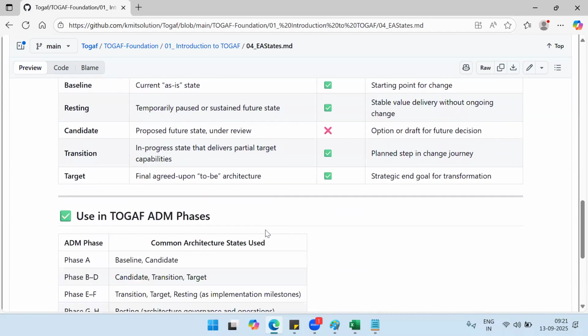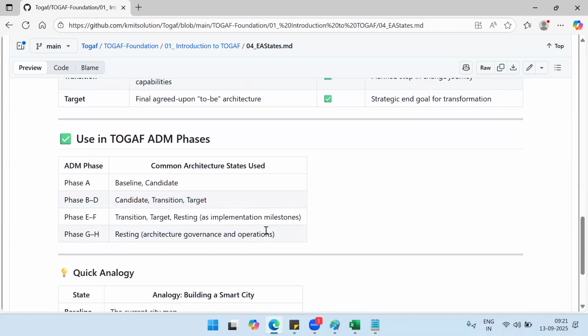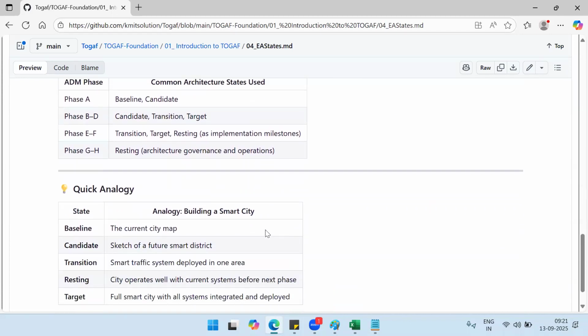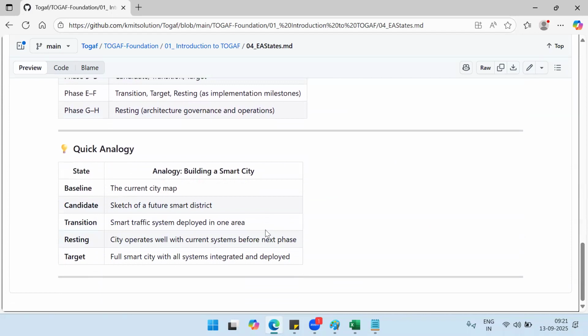All right. So these are some examples, an analogy I'm using: building a smart city. So baseline is the current city map, candidate is a sketch for the future smart district. Transition is a smart traffic system deployed in one area.